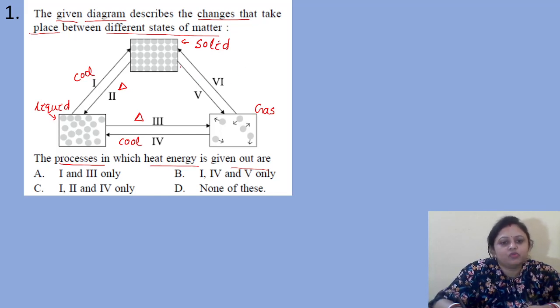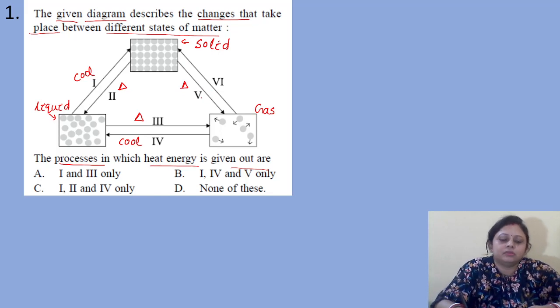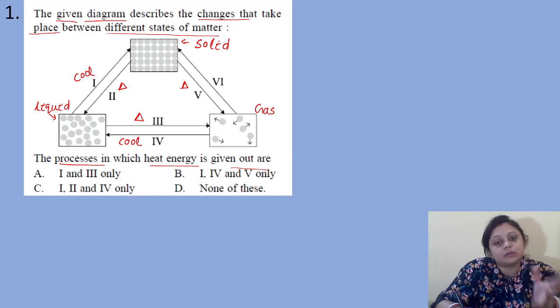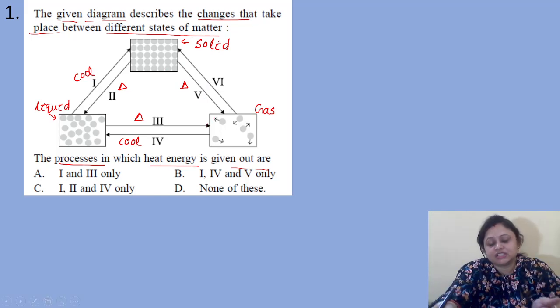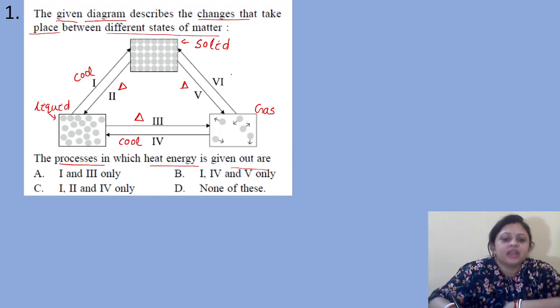Then again, when solid is heated, it is converted to gaseous state, right? That is sublimation, where the solid is directly converted to gaseous state without passing through the liquid state. And the reverse one, from gas to solid, happens when it is cooled.